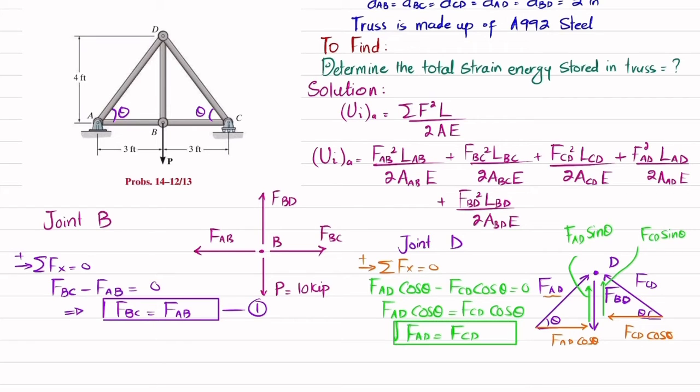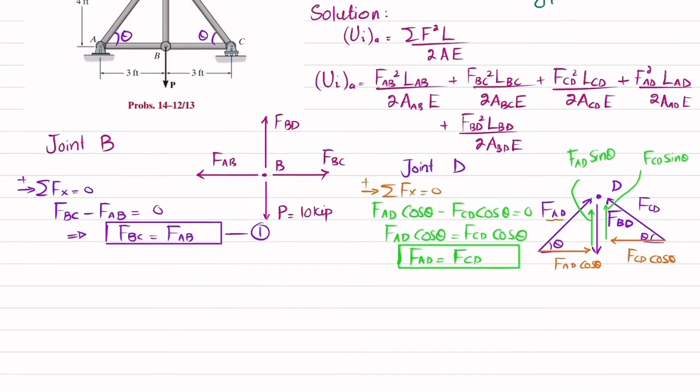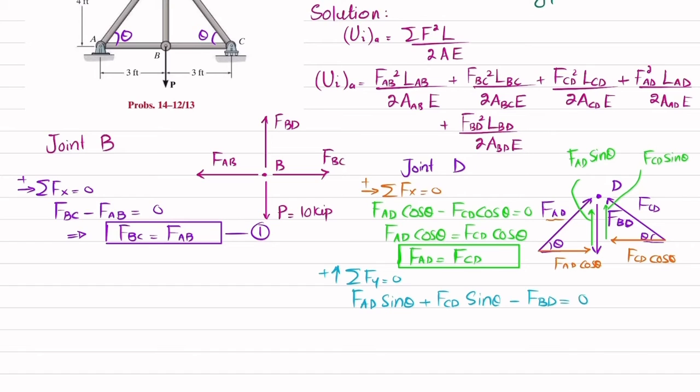Clear? Now we will apply another equation of equilibrium, that is, the sum of all forces along the y direction must be equal to 0, and upward force is taken as positive. So you can see now three forces: one is this one, the second one is this one, and the third one is FBD. Their sum must be equal to 0. So I will write FAD sine theta plus FCD sine theta minus FBD is equal to 0.